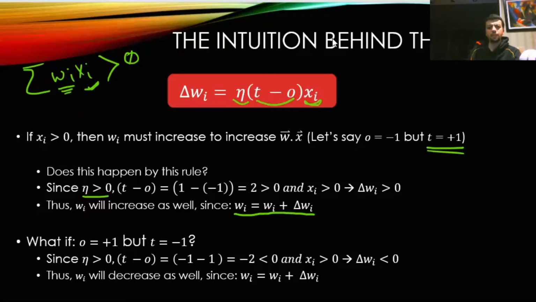Now, what if our output was +1, but the ground truth was -1? What would happen then? Let's say my x's are positive again.